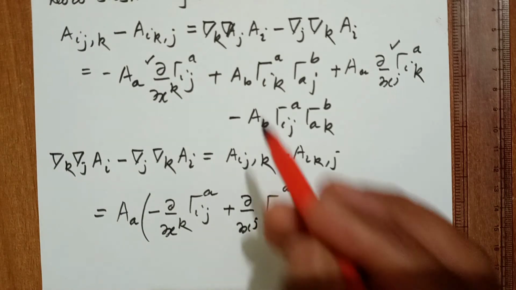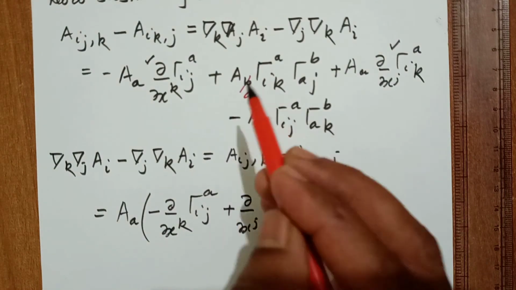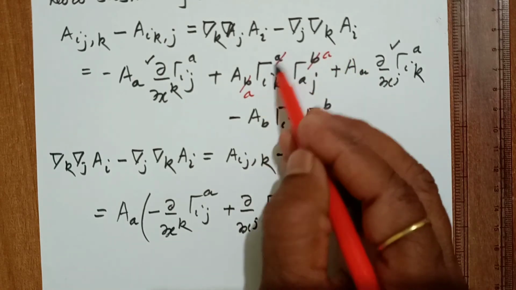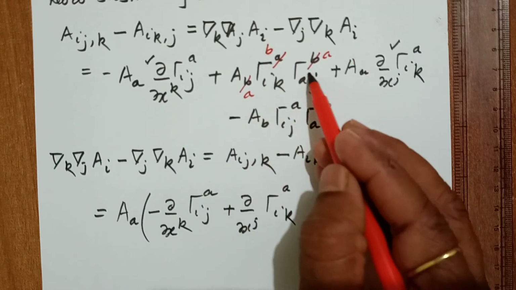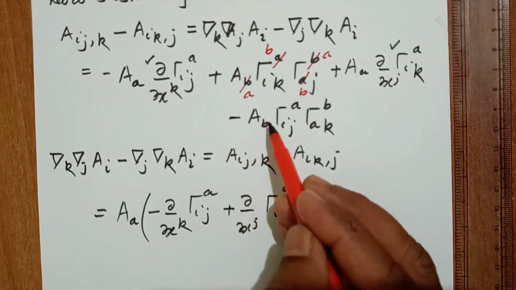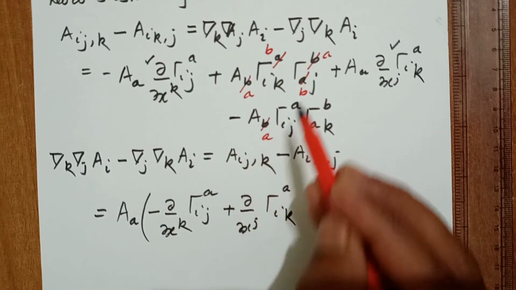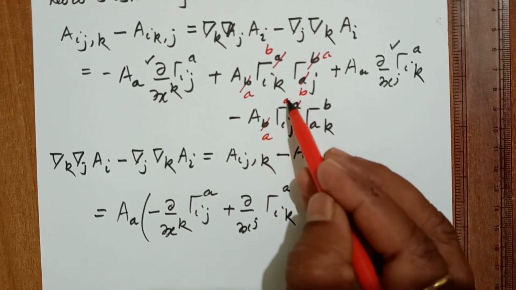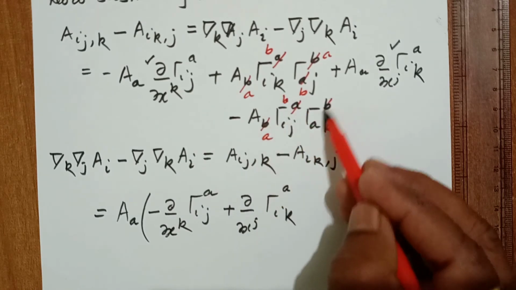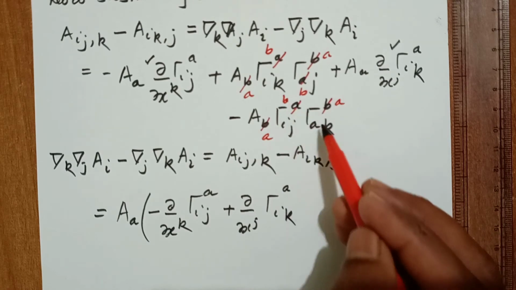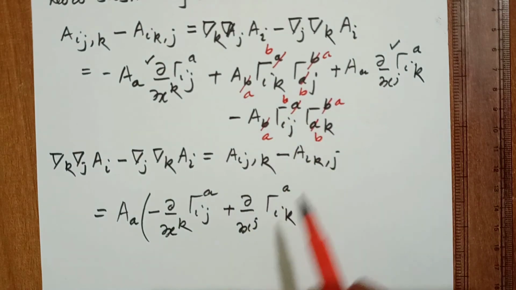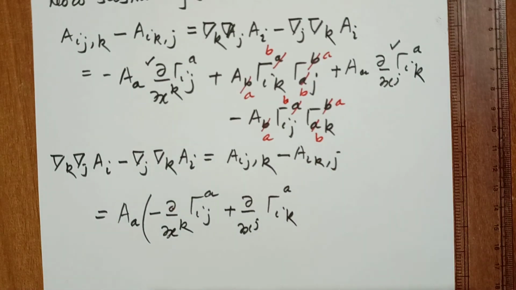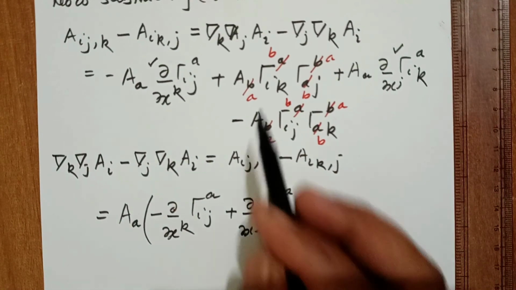Since a and b are dummy, here b we change to a, and a is equal to b, so here b, and similarly b equal to a. Since a and b are dummy indices, we can change them and take common.